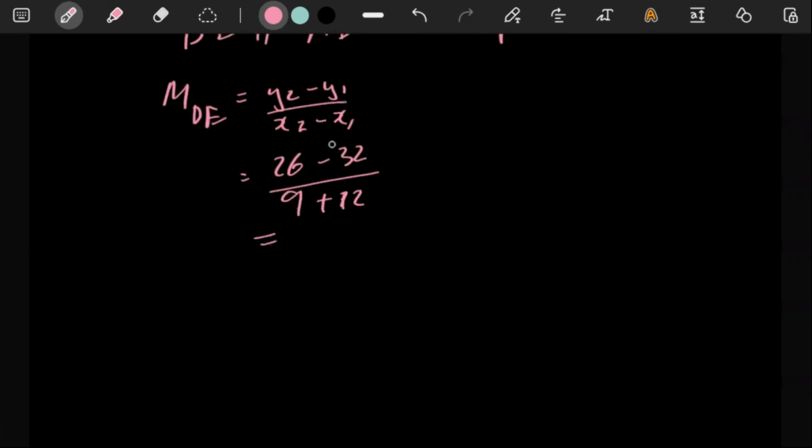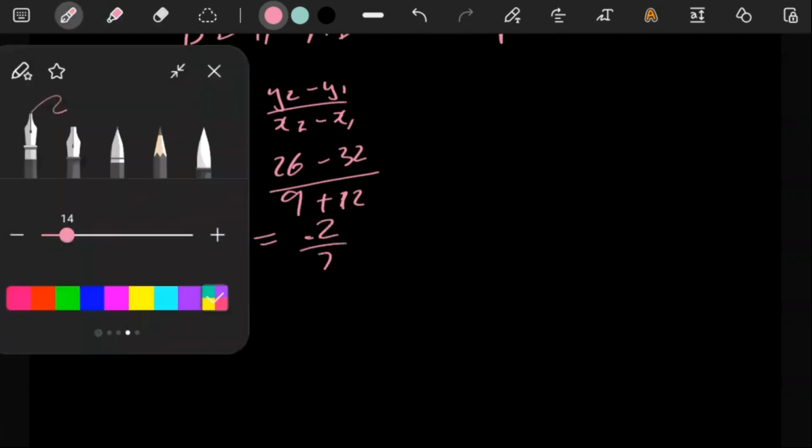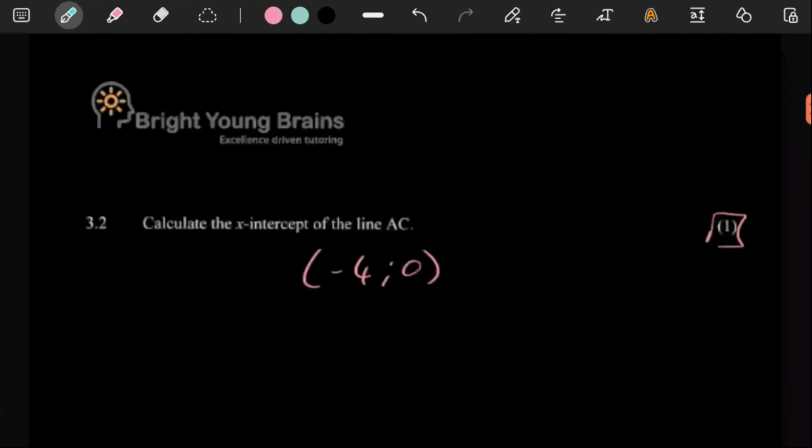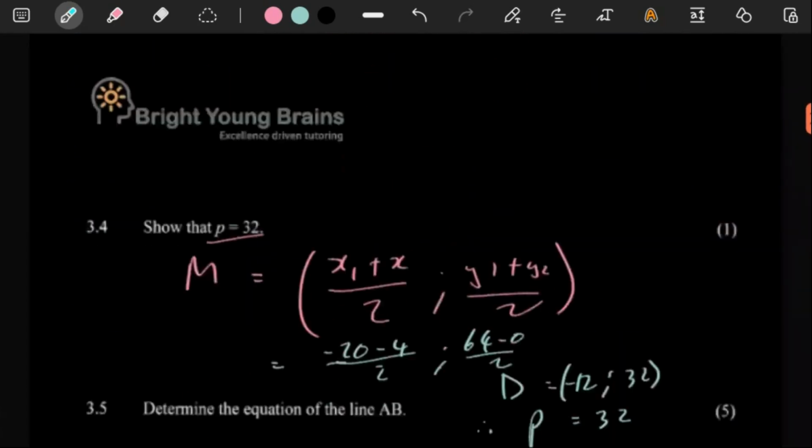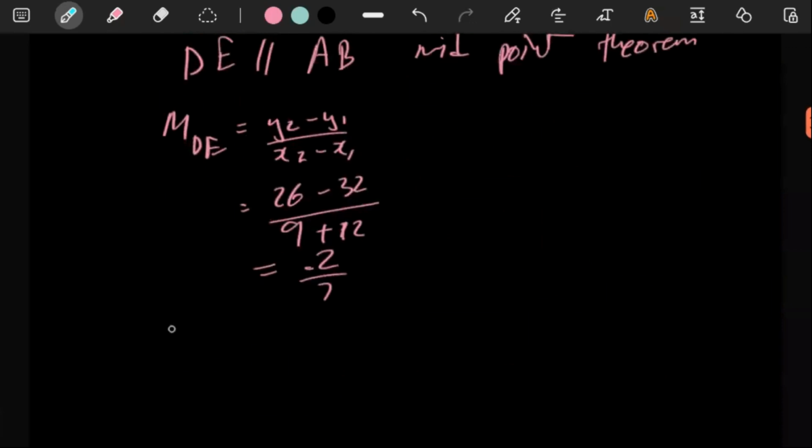In the calculator, we're going to have negative 2 over 7. That's the gradient. As soon as we have the gradient, we need a coordinate that the line passes through, and bingo, it's negative 20 and 64. Remember, the gradient of DE is exactly the same as the gradient of AB because they're parallel.